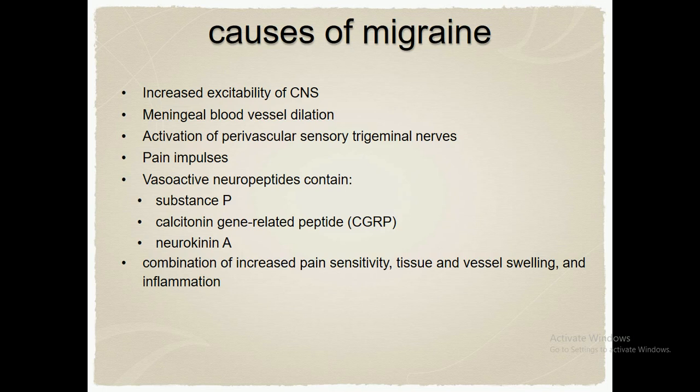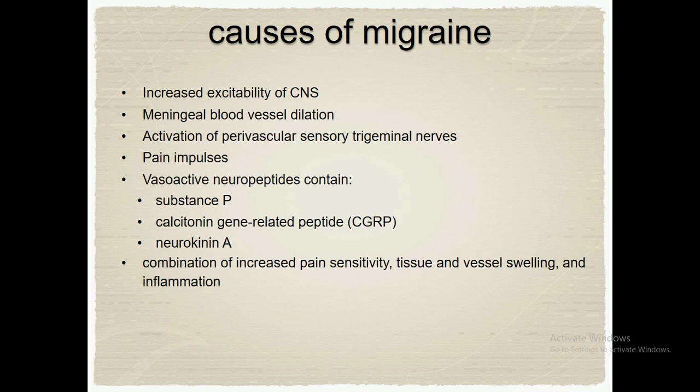The meninges are the three layers of the brain: pia mater, dura mater, arachnoid mater. So the blood vessels become dilated. The third clinical etiology of migraine is activation of perivascular sensory trigeminal nerves, because migraine is also directly related with your nerves. One is cranial nerve and the second one is spinal nerve.